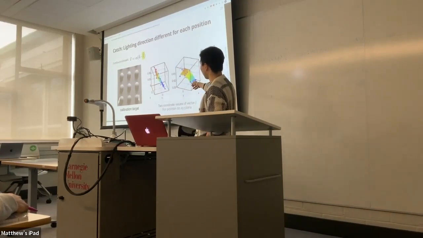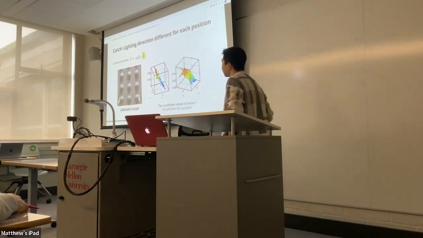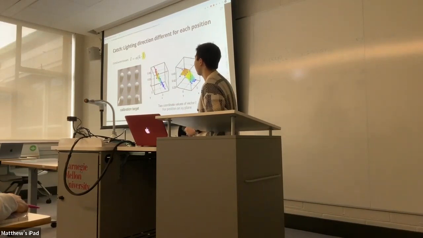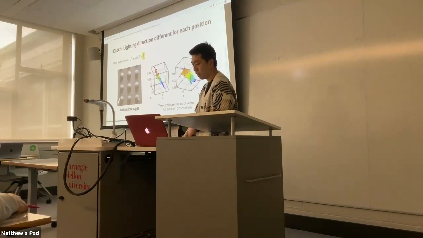And the blue dots on the right are the positions of the spheres. For each sphere, we can solve the equation to find the values of L. So on the right, you see 2 coordinate values of L for each position on the XY plane.